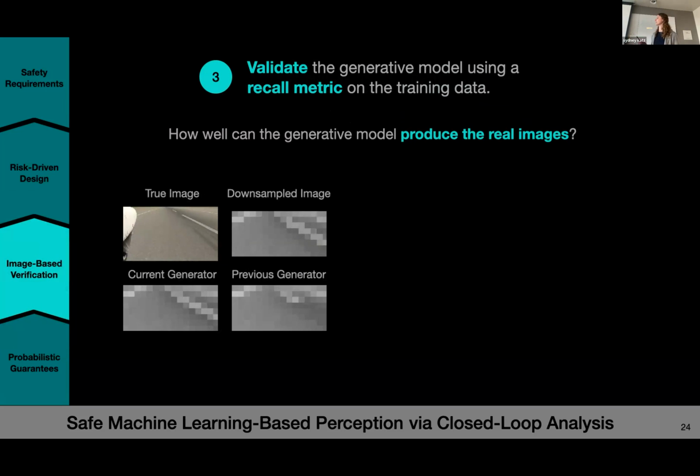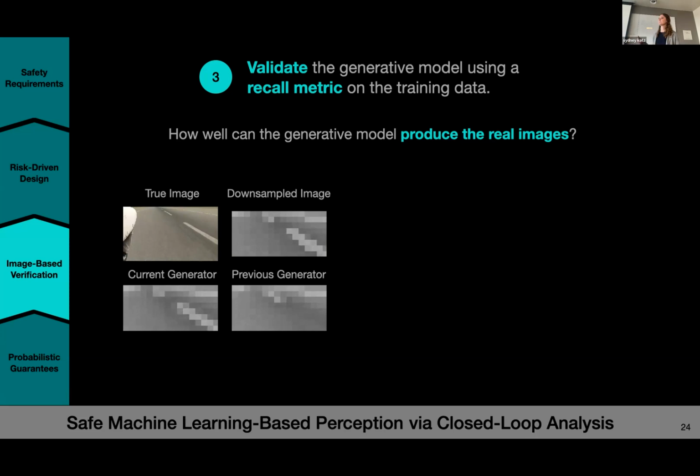Just to demonstrate this in action, we wanted to test our recall metric to see if it could distinguish a generative model that seems to be doing a good job from one that doesn't seem to be doing as well. Here again, I'm showing the true full-res and downsampled images on the top. On the bottom left, I'm showing the current generator, the generator that we use to get all of our results for this work.